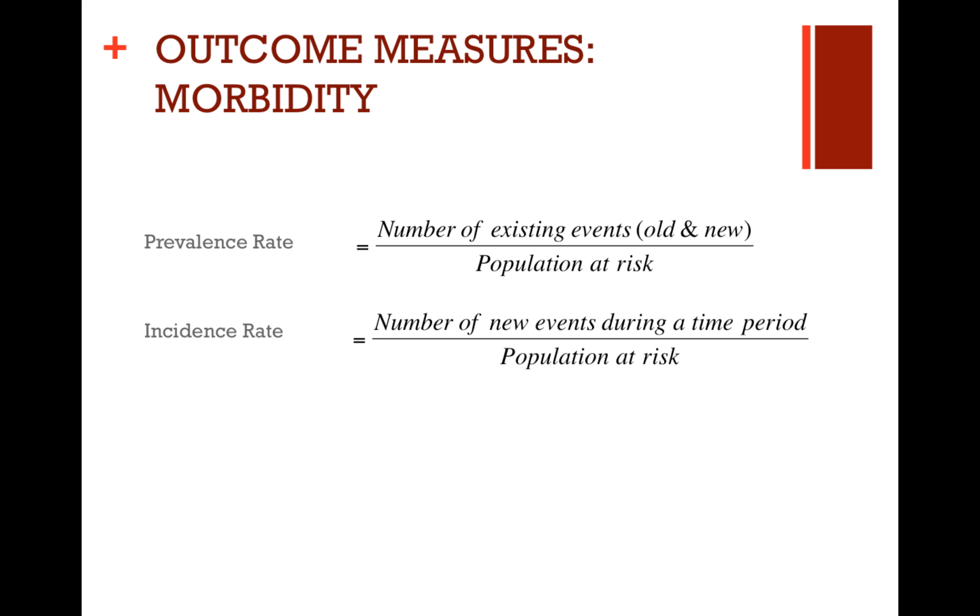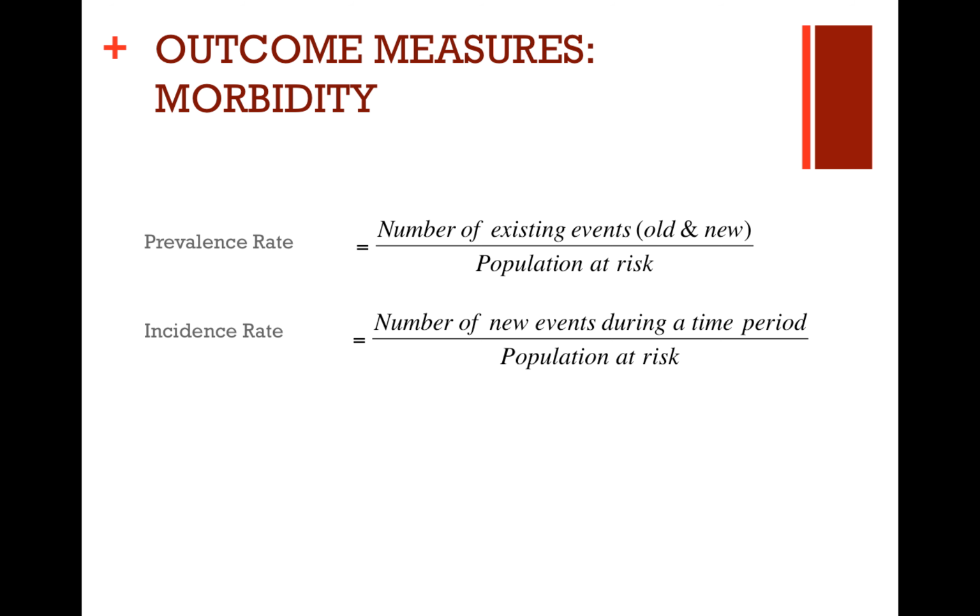So when we think about things like heart disease, the prevalence would be everybody currently living in the United States who has been diagnosed with heart disease divided by the total population in the US. They could have been diagnosed 5 years ago, 10 years ago, this year, it does not matter. The incidence would be how many cases of heart disease were diagnosed this year divided by the total population.